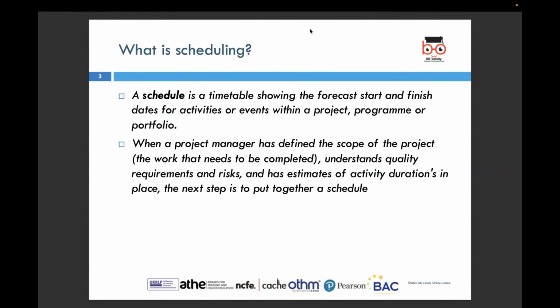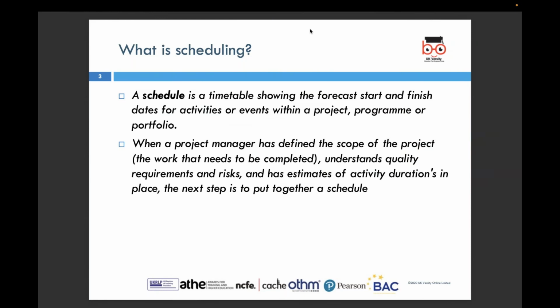To prepare a schedule, project managers utilize various tools and techniques. They may employ scheduling software, such as Gantt charts or project management software, to visualize and organize the activities. These tools allow them to establish dependencies between tasks, allocate resources effectively, and track progress throughout the project lifecycle.